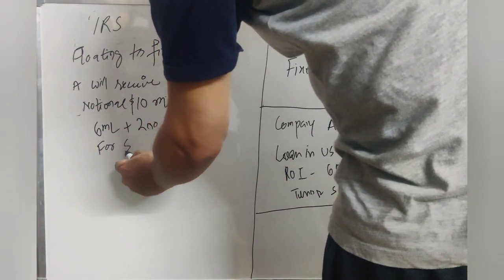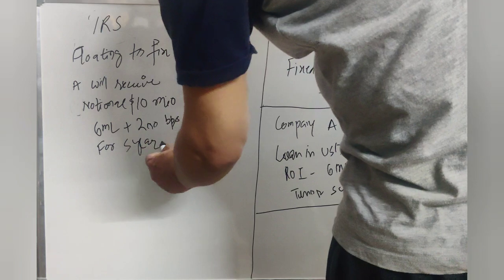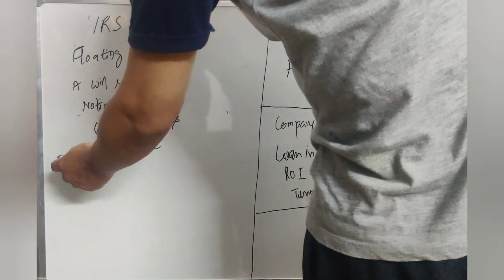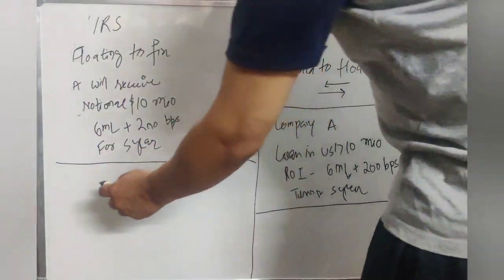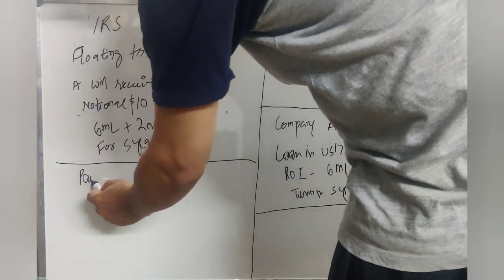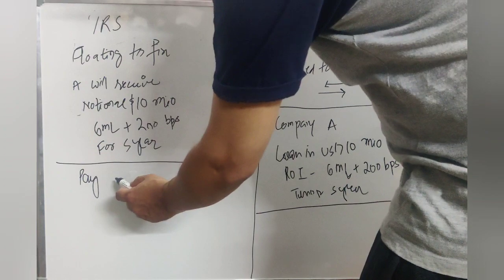By doing this IRS, their floating rate liability will be converted to a fixed rate liability.